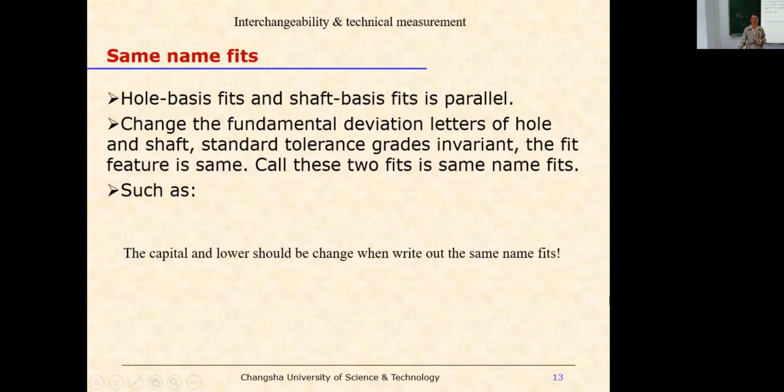If you change the fundamental deviation matrix of the hole and shaft while the standard tolerance grades are invariant, the fit feature is the same.